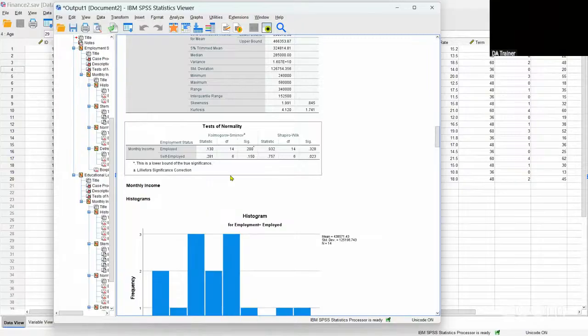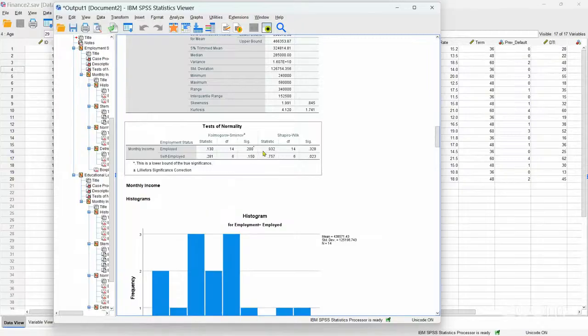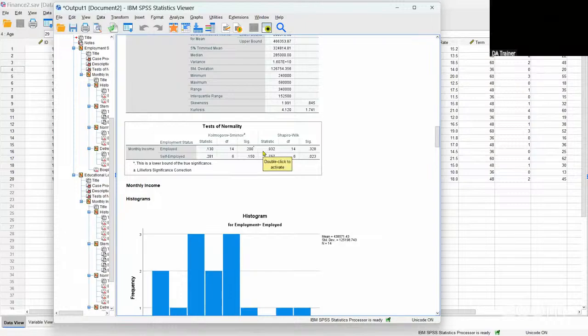What is the value? Fatima, are you there? Yes. I want you to understand. Okay, also check the value of the probability of significance.